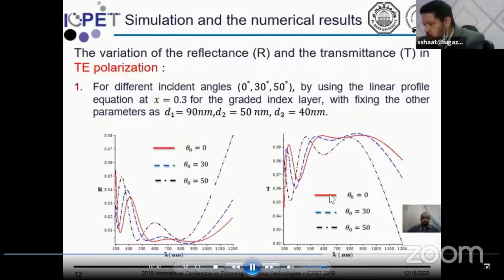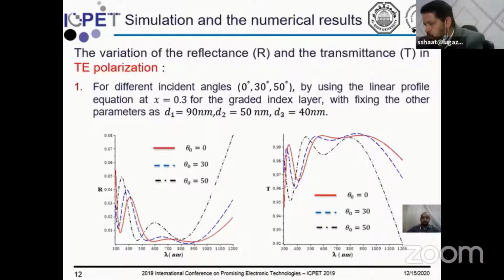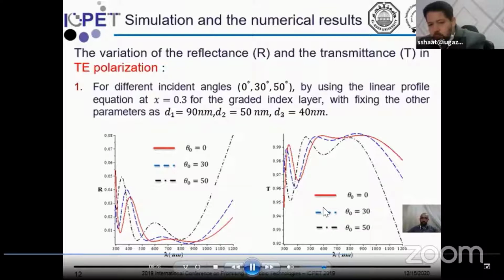Simulation and results. The variation of the reflectance and transmittance in the transverse electric polarization. We change the incident angle for values of 0, 30, and 50 by using the linear profile equation at x equals 0.3 for the graded index layer, with fixing the other parameters as D1 equal 19 nanometer, D2 equal 50 nanometer, and D3 equal 40 nanometer.